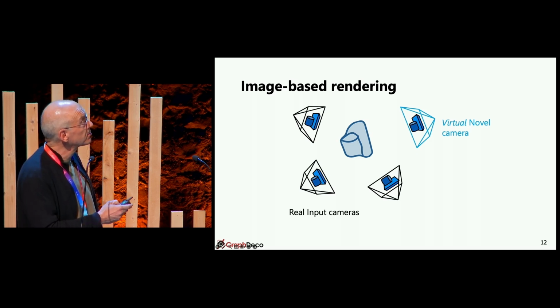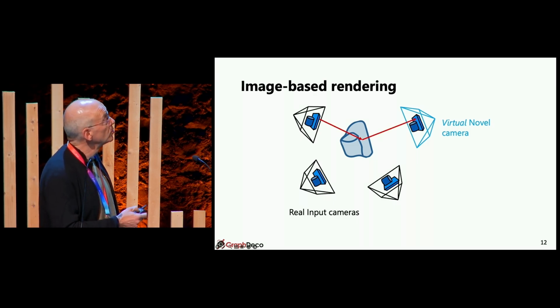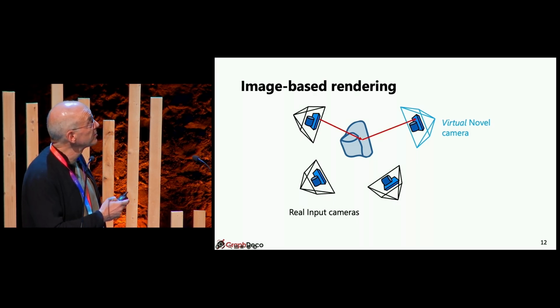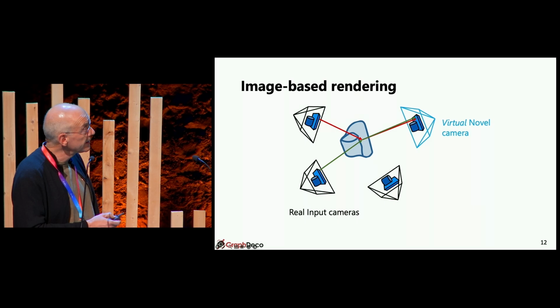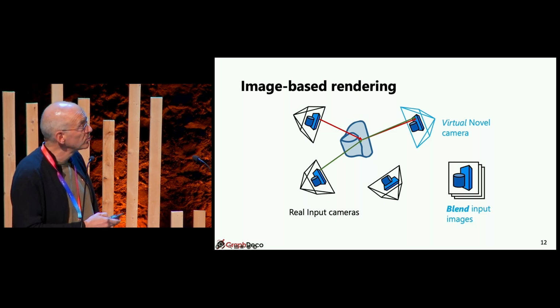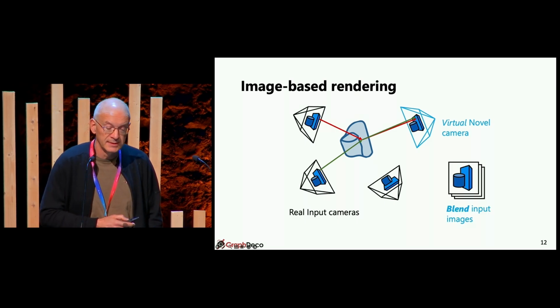And if you wanted to create a view from a novel camera somewhere else, you would take pixels from the images, use what we call the geometric proxy, to be able to reproject into the novel view, and then you had a blending step where you would blend images together to get the result.